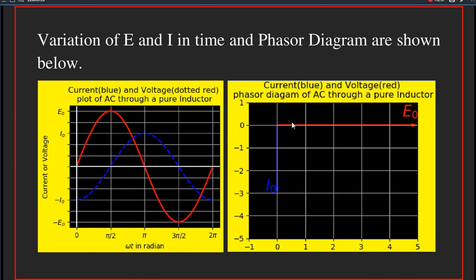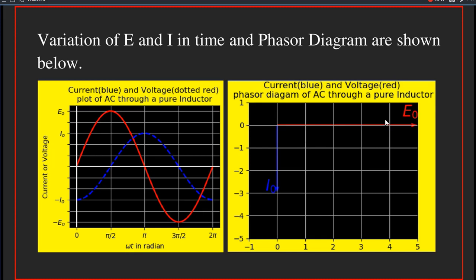And the phasor diagram is used for representing the phase difference and also the magnitude of these two time varying quantities, voltage and current. Here the peak value of voltage E0 is represented by a unit of 5, and the peak value of current I0 is represented by a unit of 3.